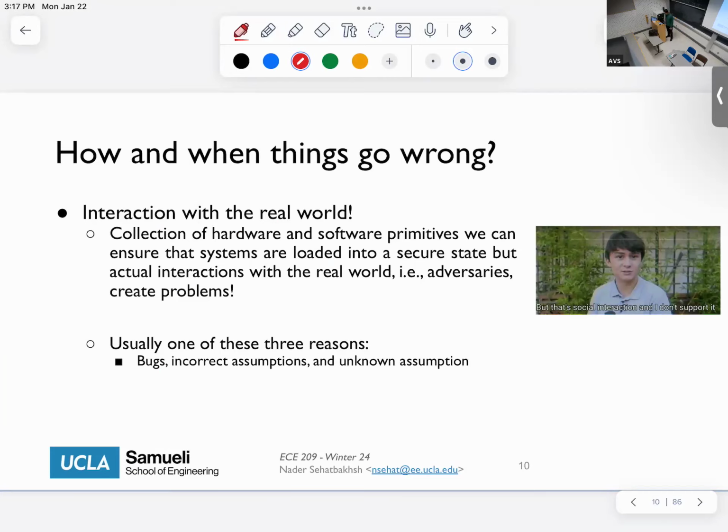Okay. The reason that our system might get insecure, might get attacked, is that our system is going to start interacting with the real world. Okay. And unfortunately, there are a whole bunch of bugs in the hardware and software that the adversary will exploit in order to change things in my kernel, in my software, in my hardware.